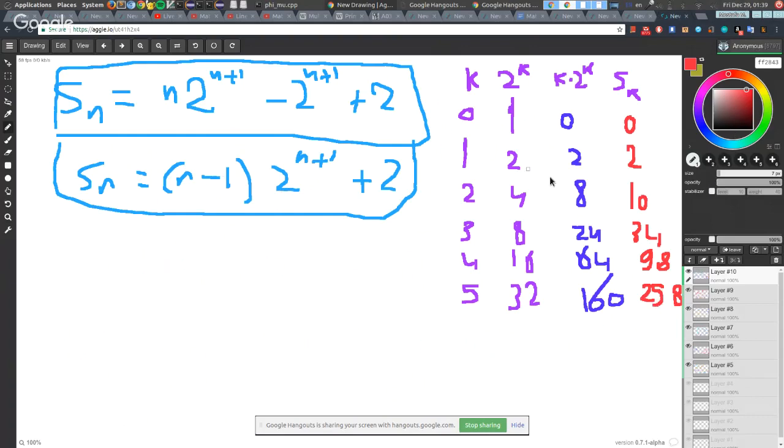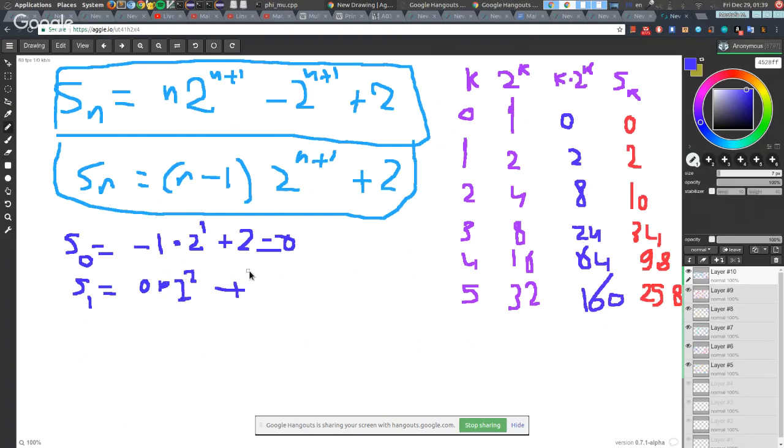And if we see this sequence here, S0 is equal to -1 times 2 to the power of 1 plus 2, which is equal to 0. And S1 is equal to 0 times 2 to the power of 2 plus 2, which is equal to 2.